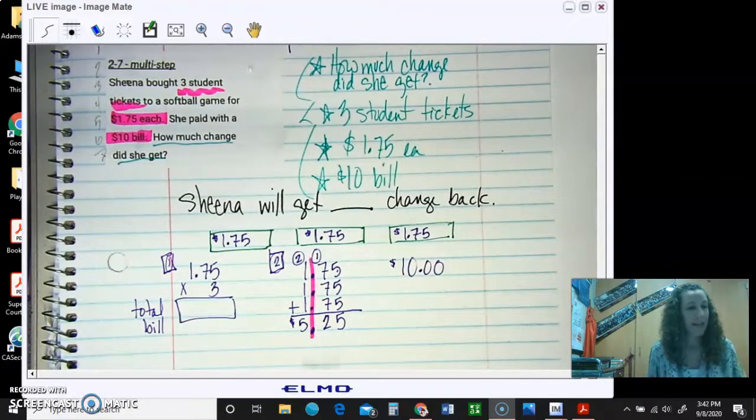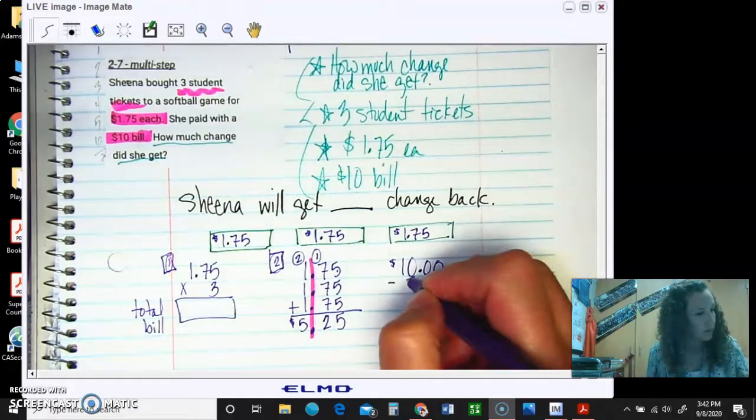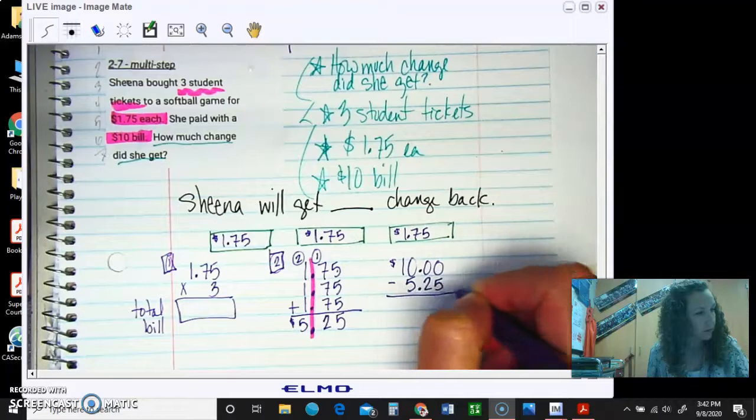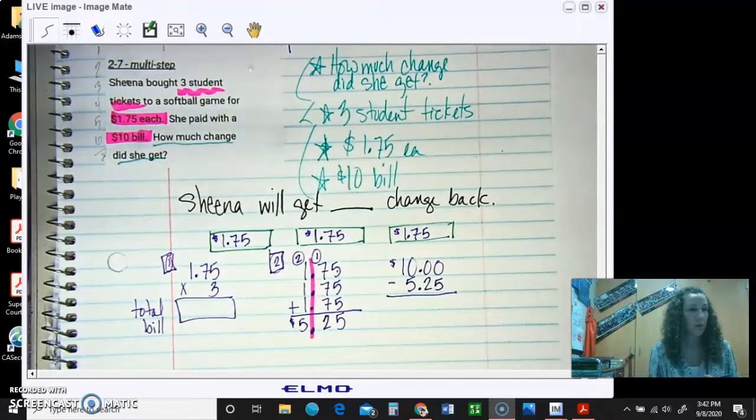So I have to take out, we should add that to our math terms, $5.25 from the $10. So what kind of math am I doing? I am subtracting. Okay? So now I have to say $5.25 being taken away from $10.